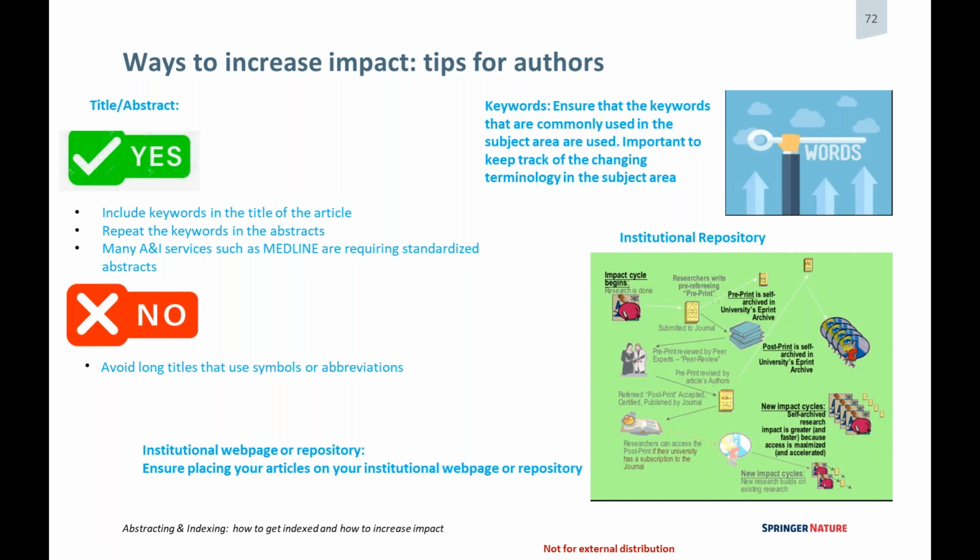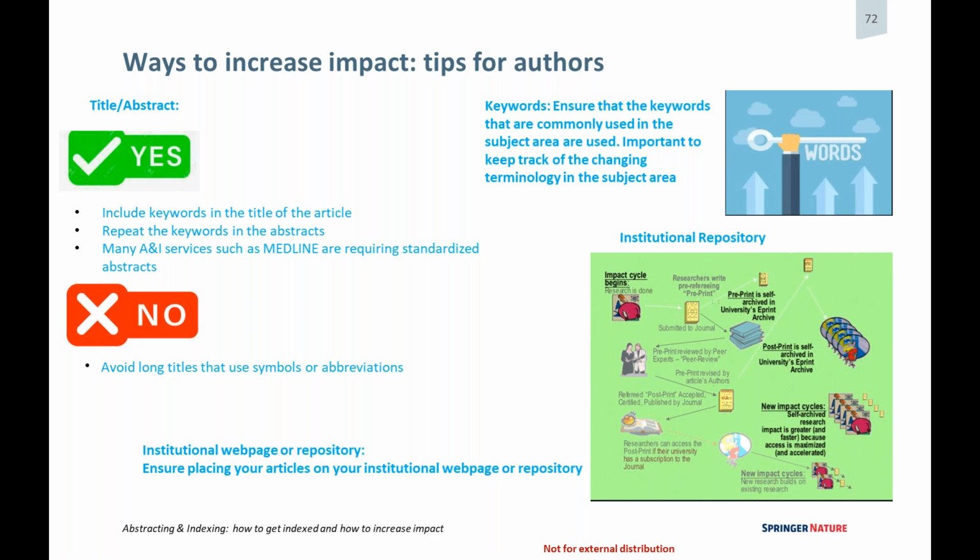So make sure that you are using keywords in your title and abstract. And those keywords are kind of accepted terminologies in your subject area. Many A&I services are making it a requirement that the abstract should be standardized. So keep that in mind.